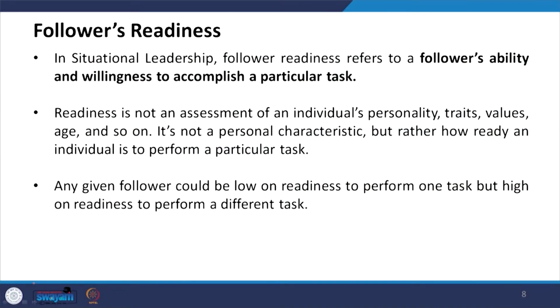So, any given follower could be low on readiness to perform one task, but high on readiness to perform a different task. So, therefore, focus on that particular situation for certain tasks, like for example, the Turing task. For the Turing task one may be able, but unwilling. So, which leadership style will you adopt?